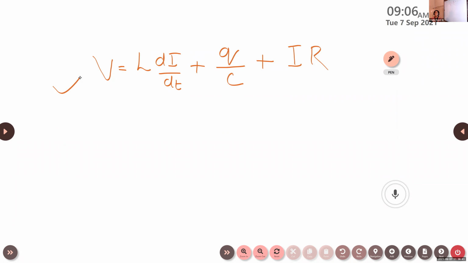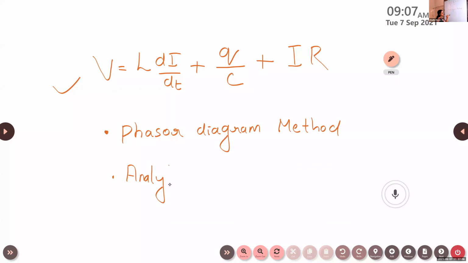So we have two methods to find the instantaneous value of power: one is the phasor diagram method, and the other is the analytical method.